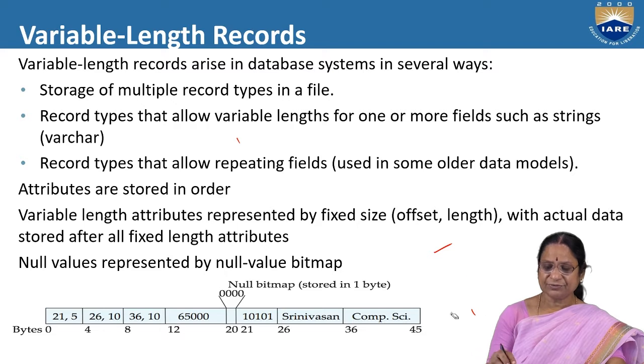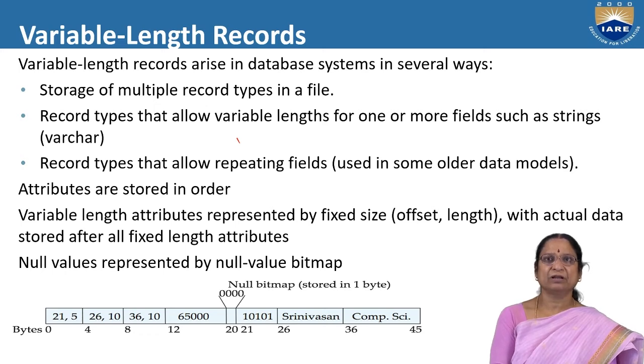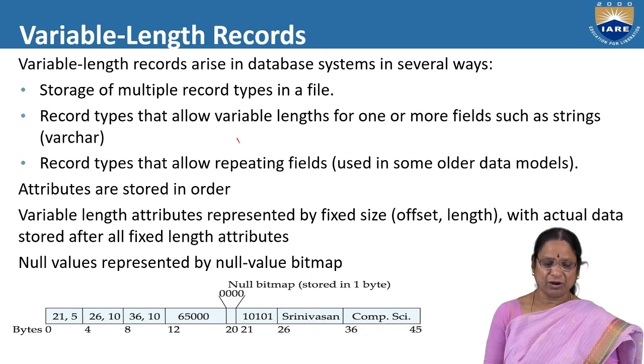Whenever we are using these kinds of variable length records, how is the data going to be stored? As usual, attributes are stored in the order in which they are defined. Variable length attributes are represented by a fixed size offset and length, while the actual data is stored after all the fixed length attributes.